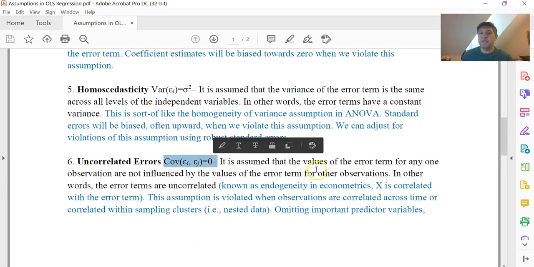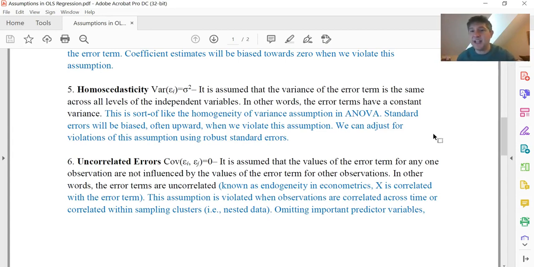They have a covariance of 0, so that the value of the error term for any one observation is not influenced by the error term for another observation. The errors are uncorrelated. So this assumption is typically violated when observations are correlated across times, or when we have sampling clusters like nested data, or we've omitted an important predictor variable.